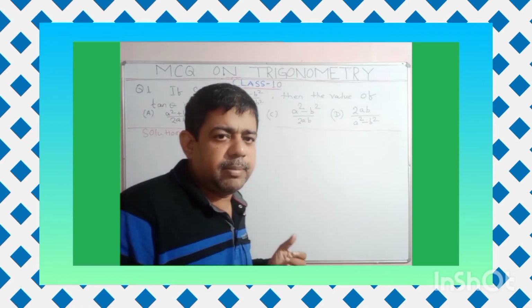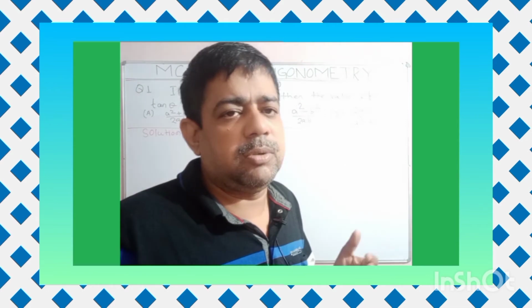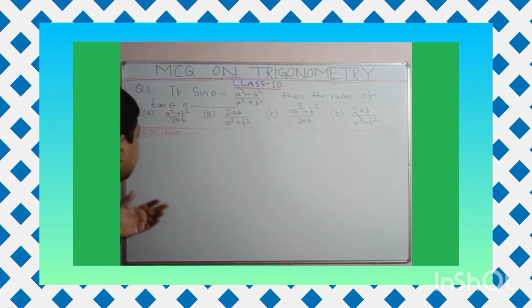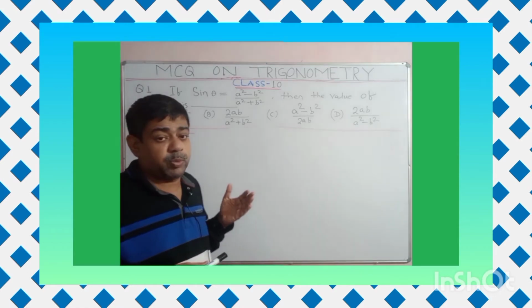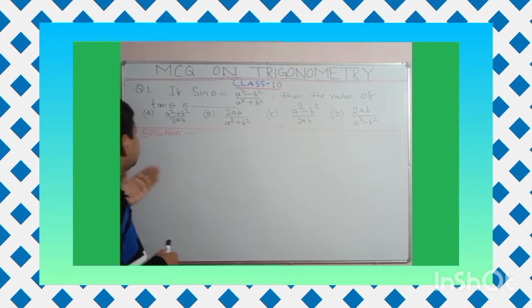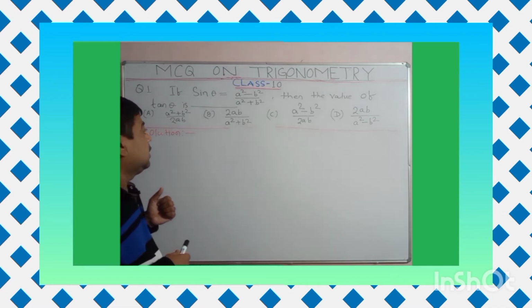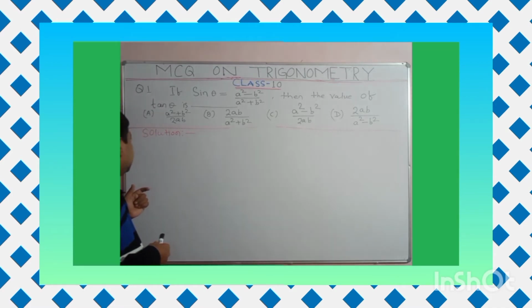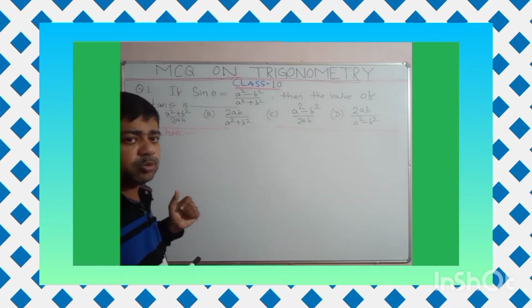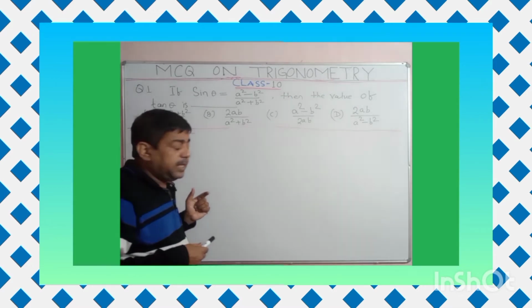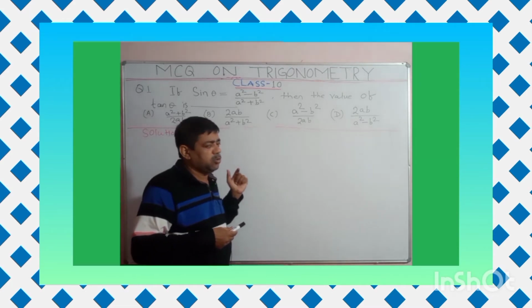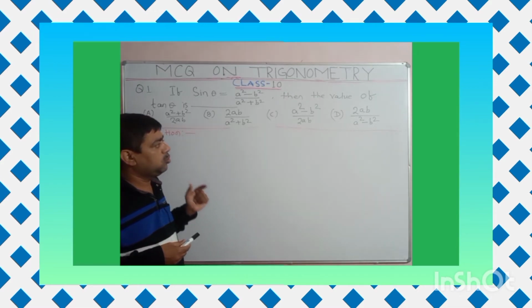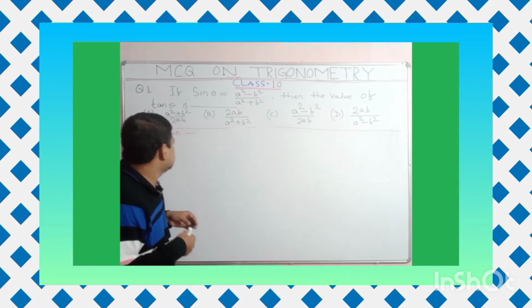The question is: if sine theta is equal to a square minus b square divided by a square plus b square, then find the value of tan theta. Option A is a square plus b square divided by 2ab, option B 2ab divided by a square plus b square, option C a square minus b square by 2ab, and option D 2ab divided by a square minus b square.